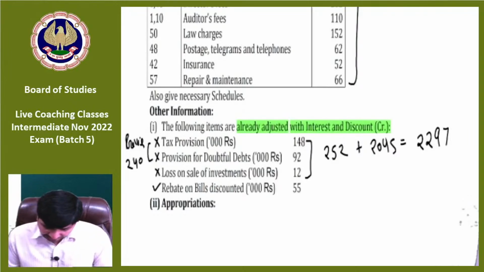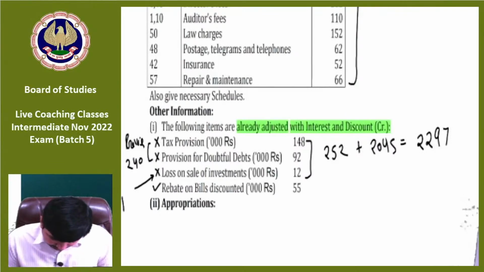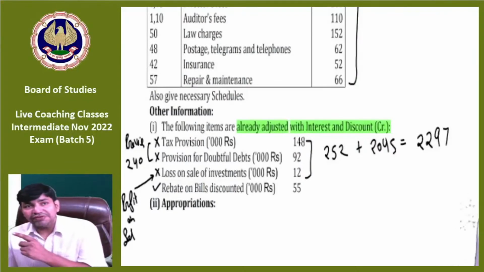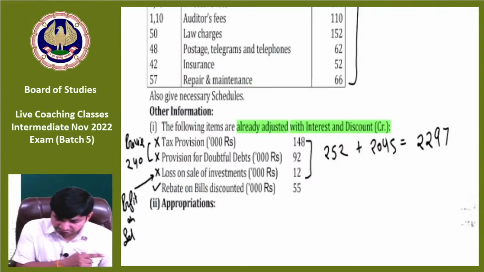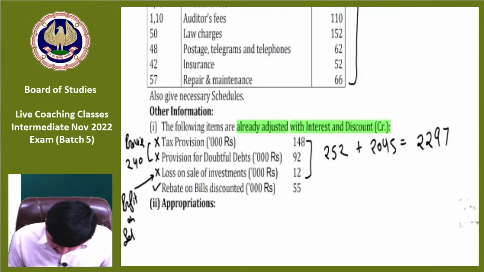Okay, beta. And loss on investment should be adjusted along with this, with profit on sale of investment. On one side you are saying that there is a profit on sale of investment, on the other side you are saying the loss on investment is there. Profit on sales of investments.